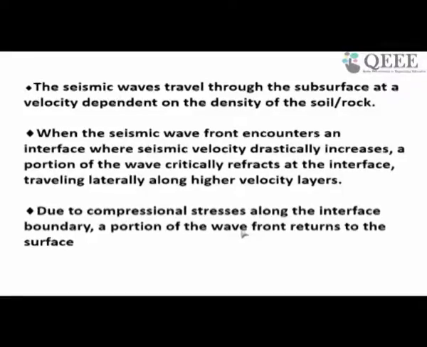Now the seismic waves travel through the subsurface at a velocity dependent on the density of the rock. As you know, waves have a velocity which is dependent on the density. Higher density means higher velocity of seismic waves, or velocity of sound rather. For example, if you knock on wood, you will get a very dull sound.